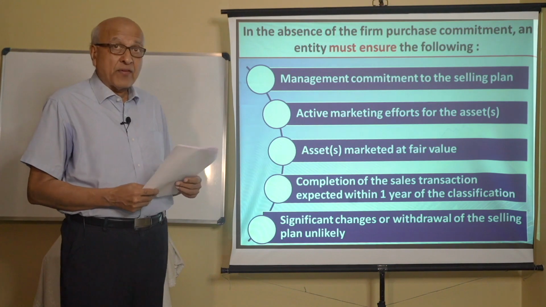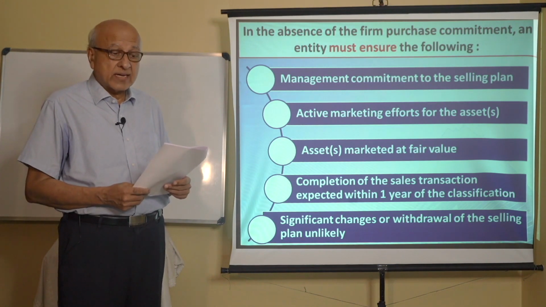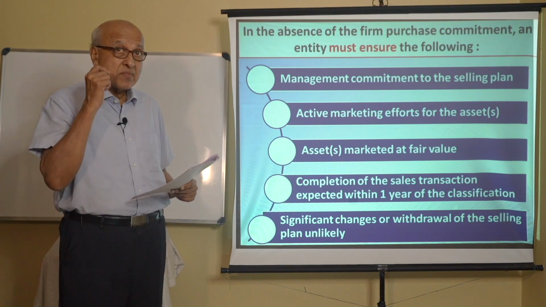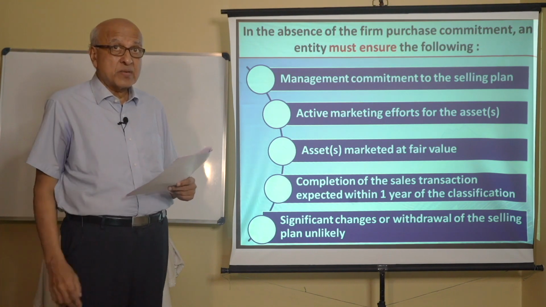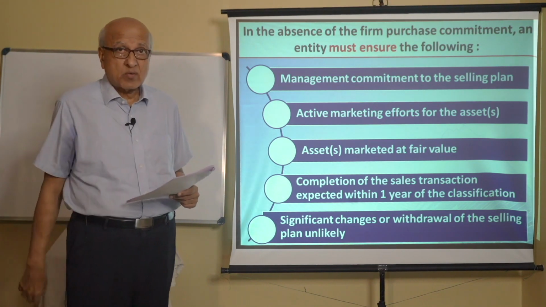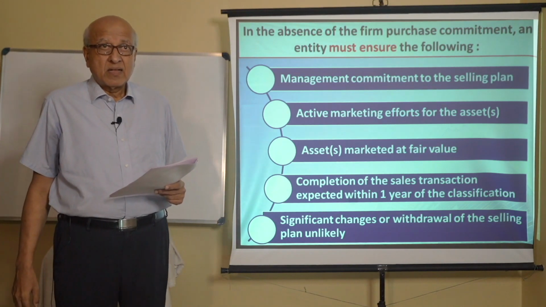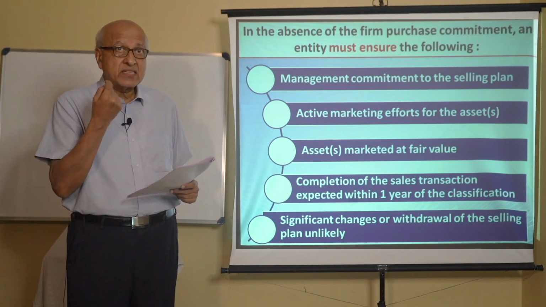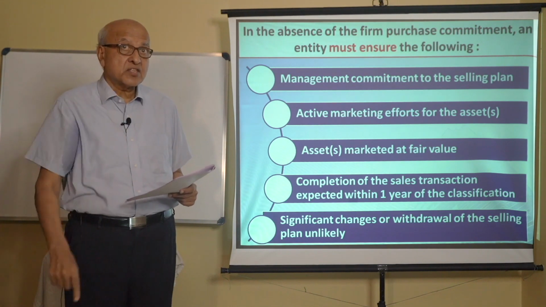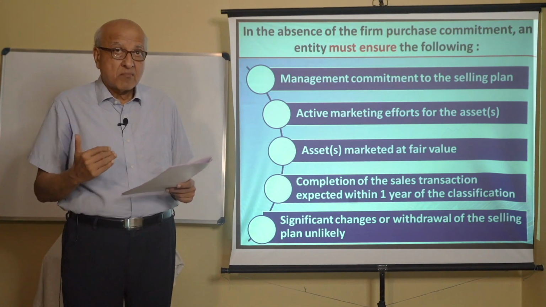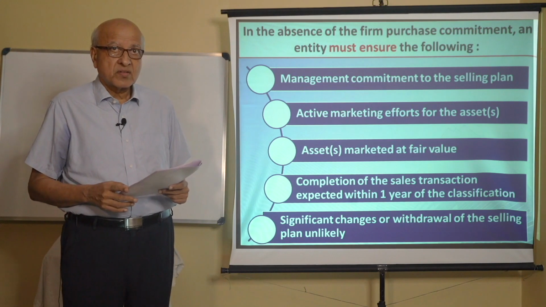Assets marketed at fair value. What is fair value? That is market-based measurement, not entity-specific measurement. Ind AS 113, fair value measurement. The price that they can receive in an orderly transaction between market participants.